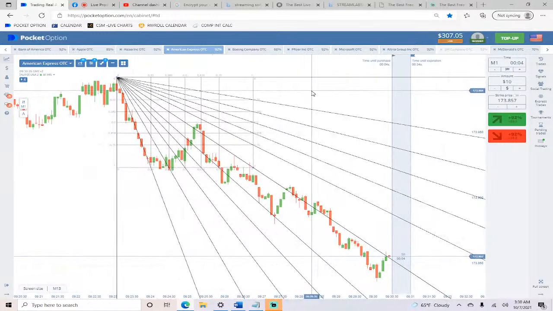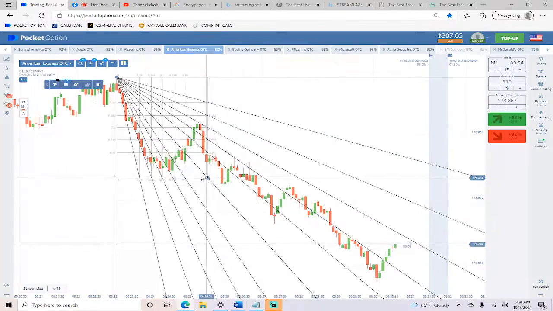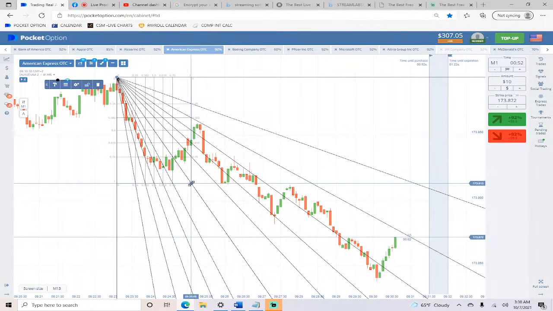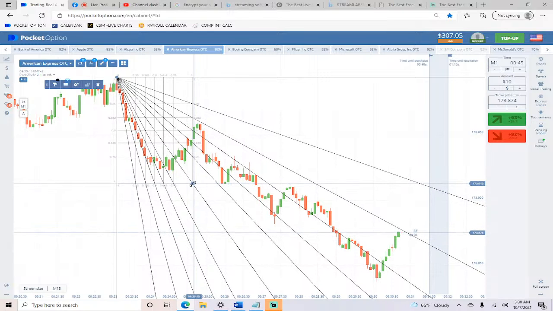Now, there might be a right way and a wrong way to plot these fans. However, the only way that I can really describe how to plot these fans is try to plot what makes sense.